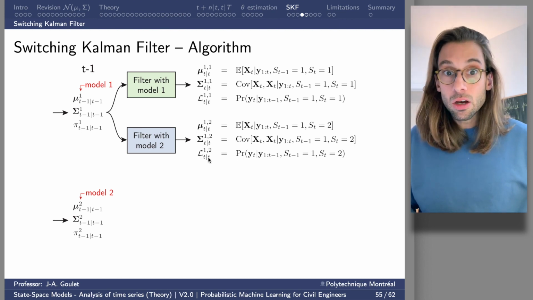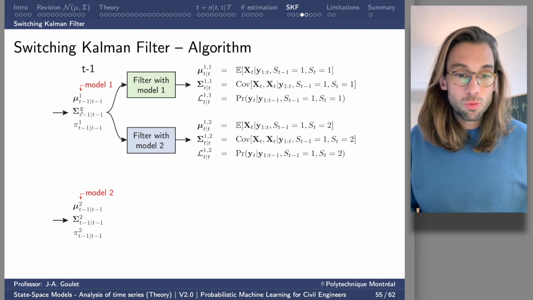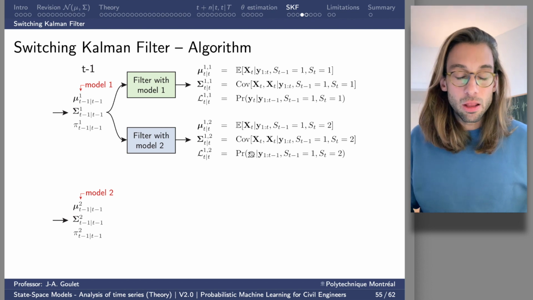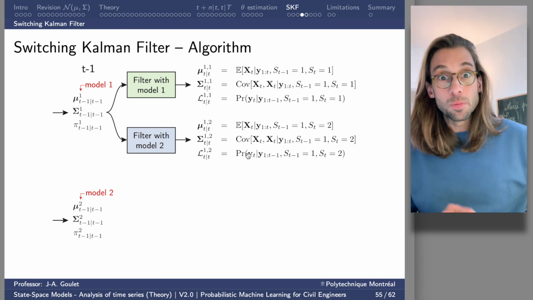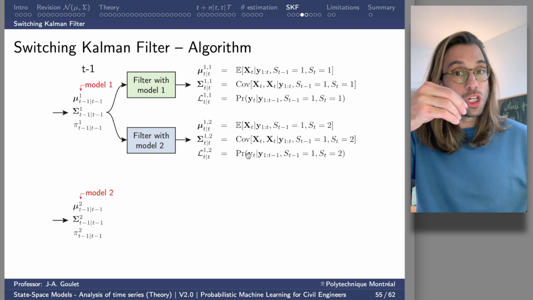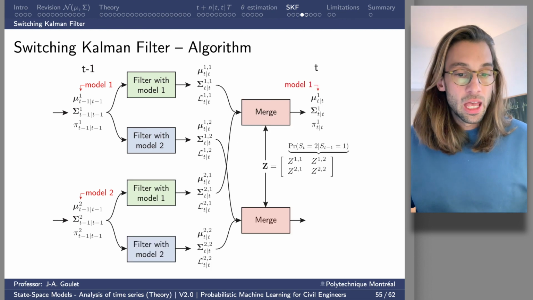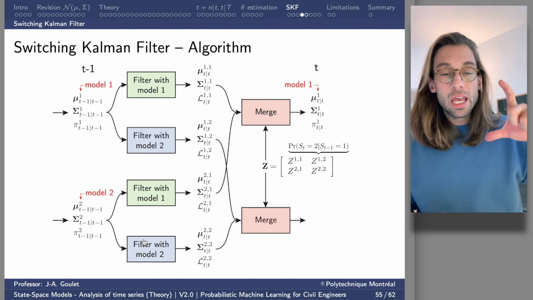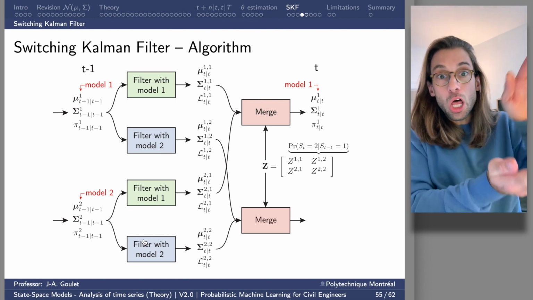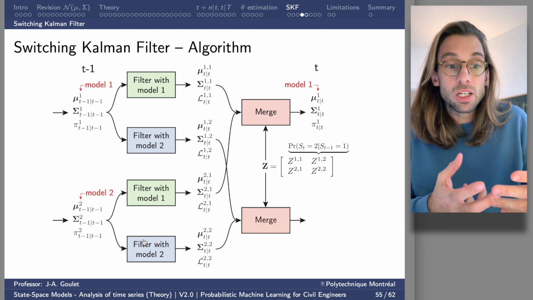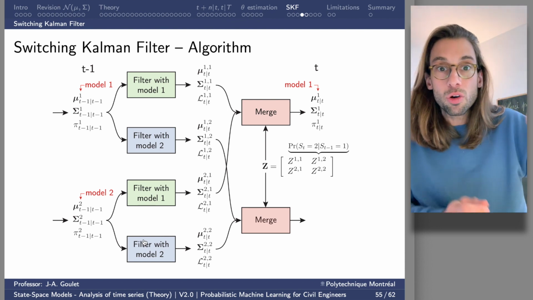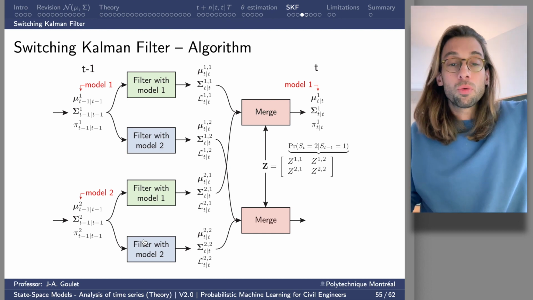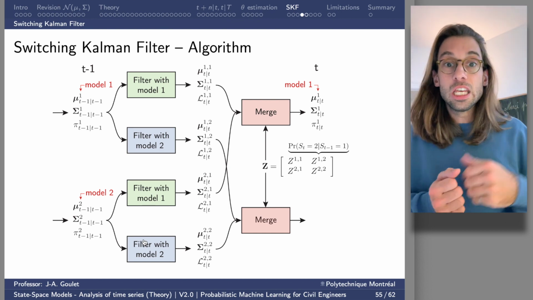And I have the likelihood: at time t-1 I was in regime 1, I transit to regime 2, given all the data that I know, what is the probability of observing the actual data? Given that I was in regime 1, I transit to regime 2. And then I have the same thing for model 2. In order to avoid the explosion of the number of possibilities, because if for each possibility we divide by 2, we're going to have an exponential growth in the number of combinations we need to consider, what we're going to do is merge these possibilities.